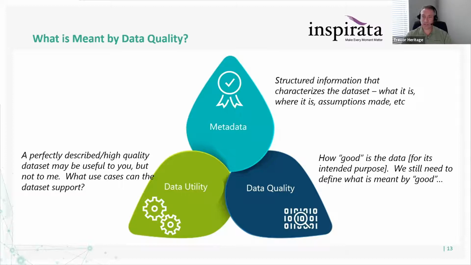What assumptions were made during its creation? The second aspect is, if you like, the intrinsic quality of the data. How good is that data for its particular intended purpose? And of course, in this webinar, we're going to talk about how you assess what good actually means and how you quantify that. And then lastly is the data utility side.